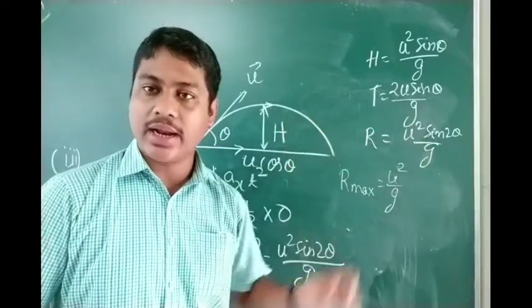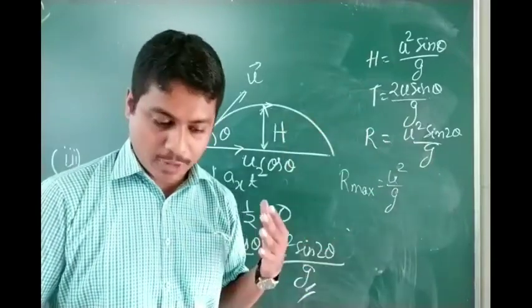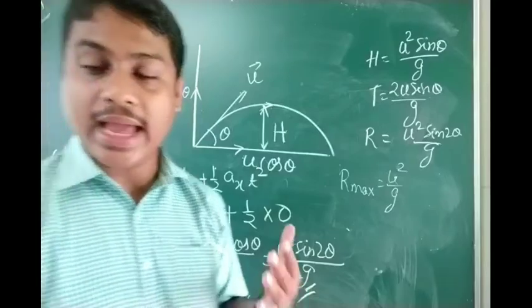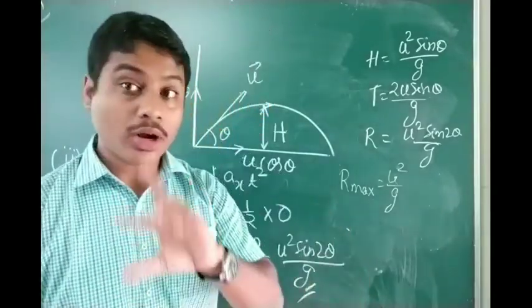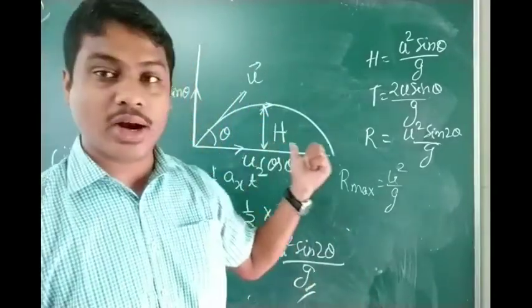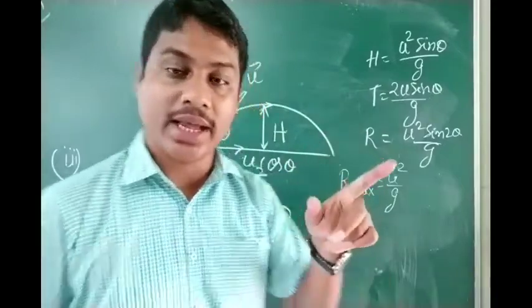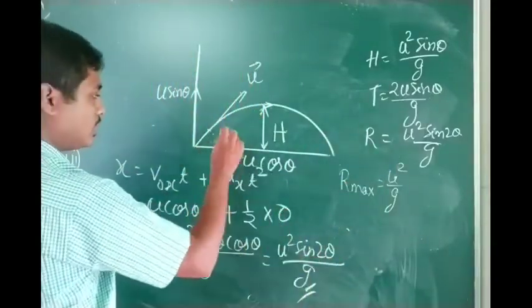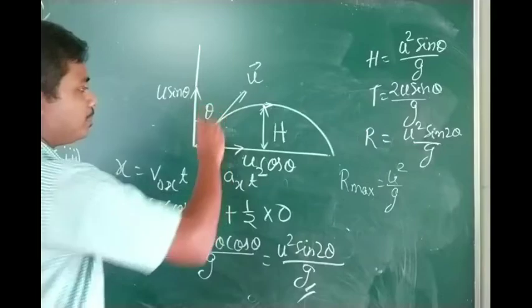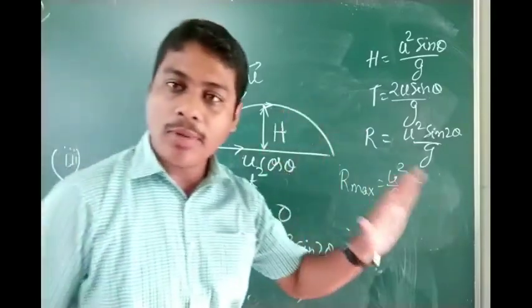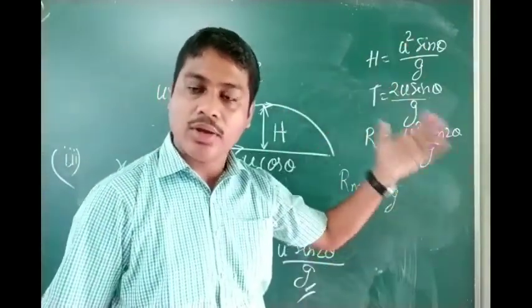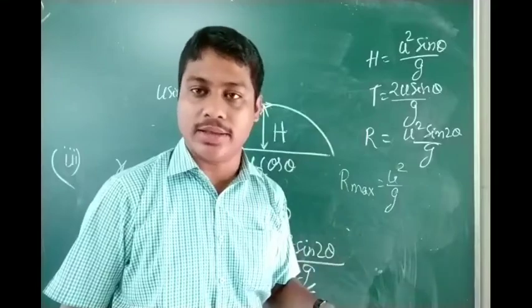If the third projectile comes and you have thrown the object at an angle theta with the vertical, not with the horizontal, okay? We have done this as horizontal. Angle theta with the vertical. That means this theta is not here, this theta is here. The formulas that you have got, you will be getting the same formulas.